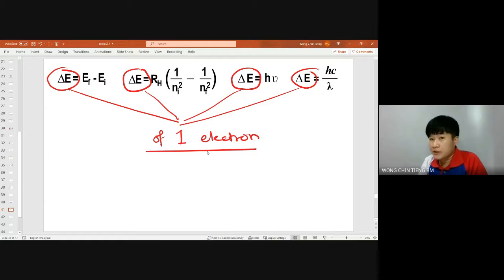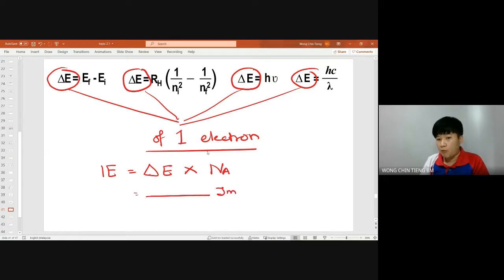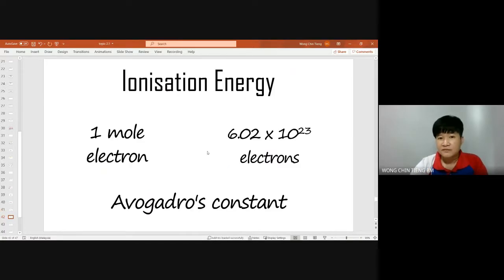All the energy, all the formulas we use are for 1 electron. But ionization energy is for 1 mole of electron. So, if I want to find ionization energy, it will be the delta E that you calculated above, multiplied by the Avogadro constant. Then you will get energy in joule per mole. Per mole. Why per mole? Because ionization energy is for 1 mole of electron. So, we have to play with the Avogadro constant. Alright?